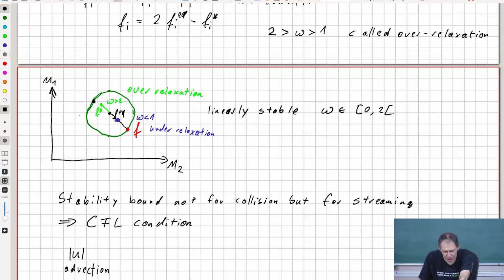This is pretty much the same as in an explicit Navier-Stokes solver. You have a velocity u that is carrying stuff around. Then, because this is not properly incompressible, there's also a sound wave. Sound, so this is cs, the speed of sound.